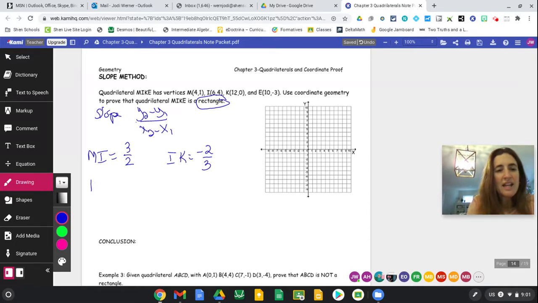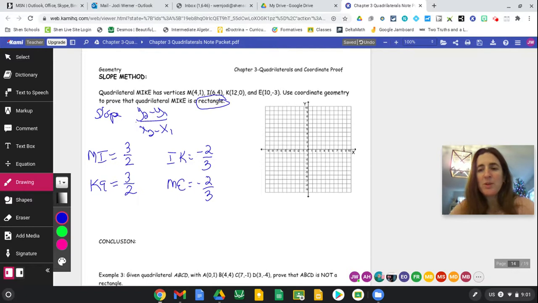So now I did the slope of KE next, and that came out to be 3/2. Wonderful, because now MI and KE are parallel, and then when I did M to E, ME, it came out to be -2/3 for my slope. So that means that is also a negative reciprocal, and it's parallel to IK.